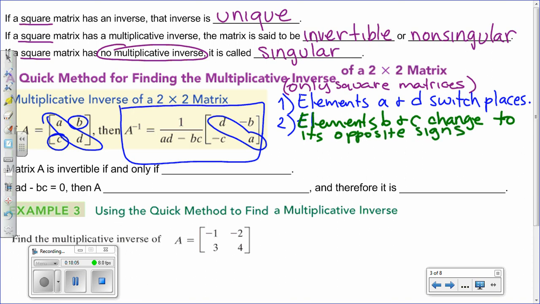Not that they will swap, change signs. They would just, for example, you will see in a minute. And then the last one is that you need to multiply by the reciprocal of the determinant.